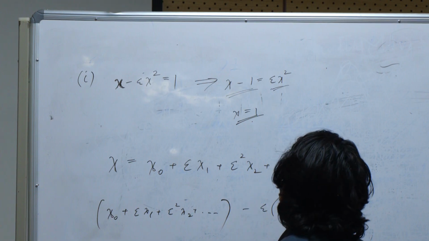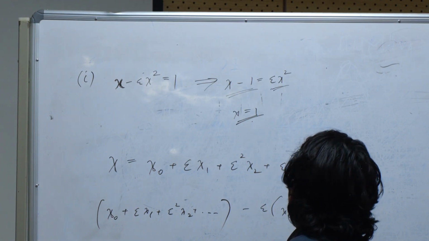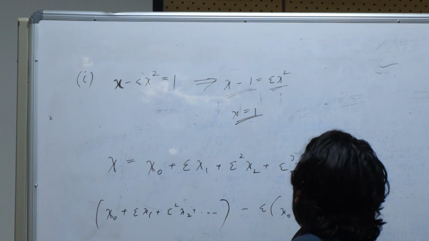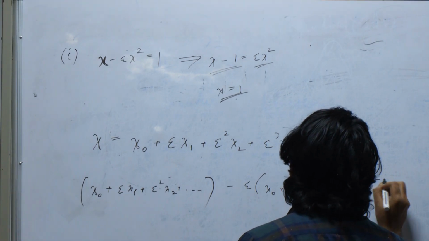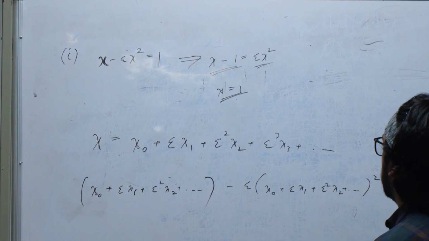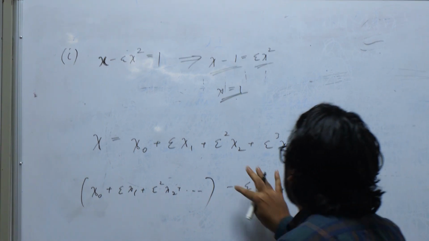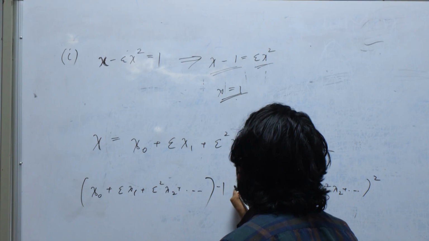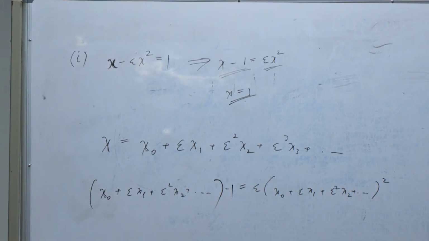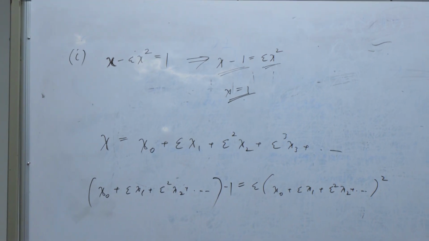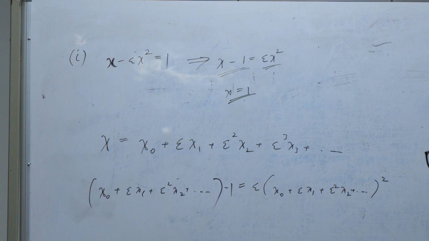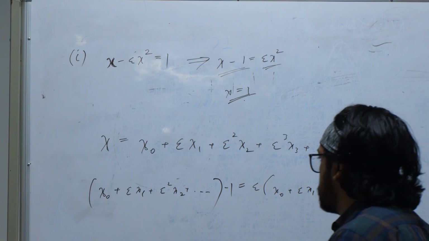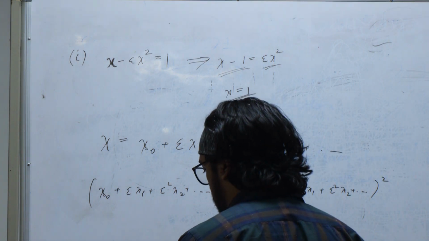So I take the same equation, rewritten, and now we rearrange in such a way that we obtain different orders of magnitude for epsilon.